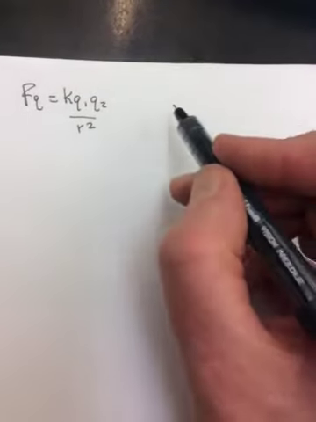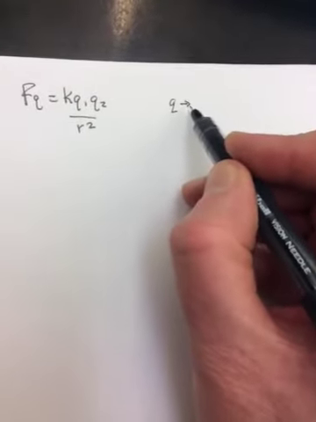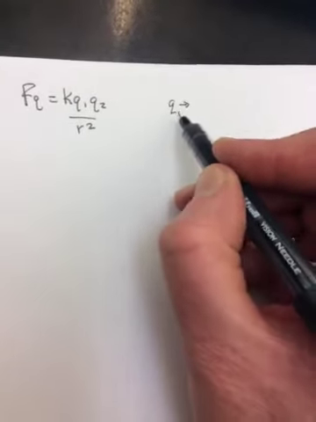And the last one, it says that Q1 is tripled and R is doubled. Okay, so Q1 is tripled, which should make F_Q bigger by a factor of 3, but R is doubled, so it's getting bigger, which means F_Q is going to get smaller, and you have to square the factor.